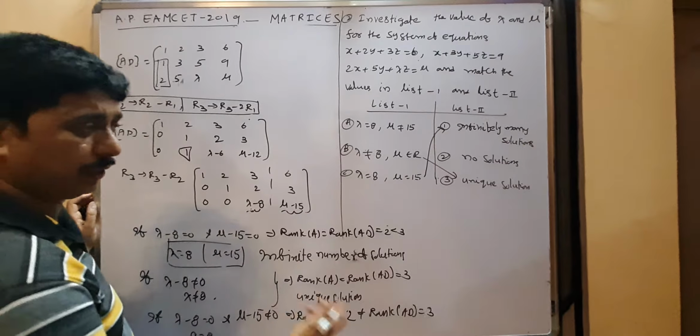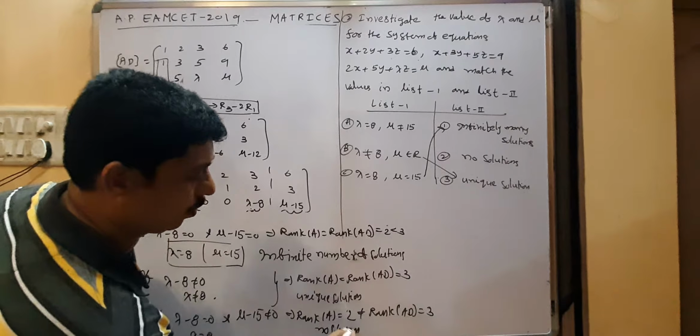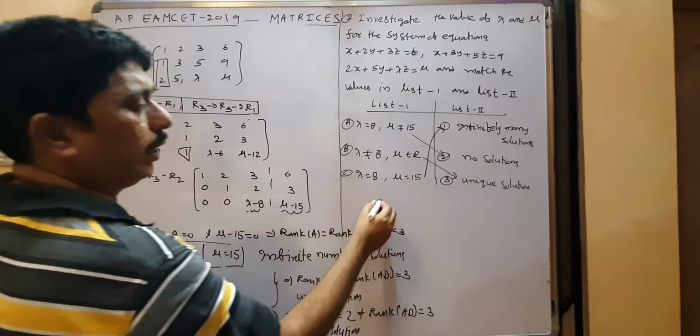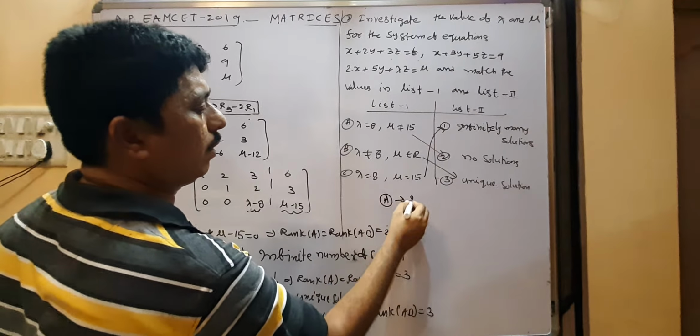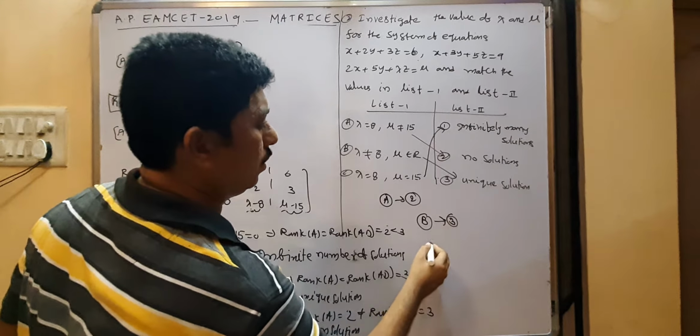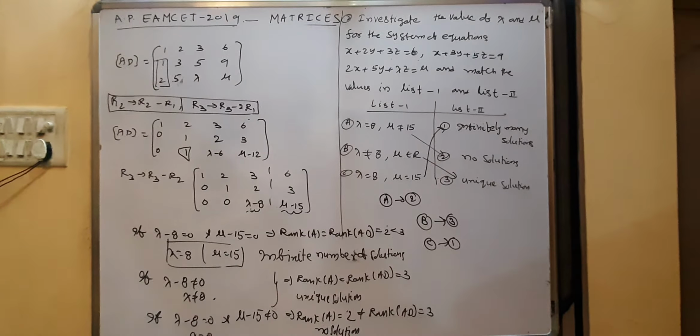Both are not equal, means no solution. So A has the second option, B has the third, C has the first. That is the list of the matching.